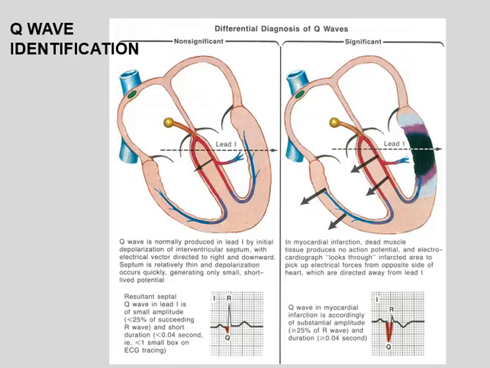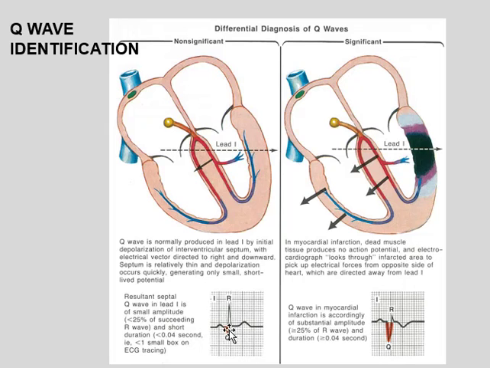In terms of Q wave identification, let's have a look at lead 1. And this slide of Netter's shows very nicely what an insignificant Q wave means. Consider a normal conduction pattern for lead 1 on the left-hand side. Now, we've said before that the interventricular septum depolarizes from left to right. And you can see here how the first initial deflection of the QRS complex moves away from the positive electrode at lead 1.